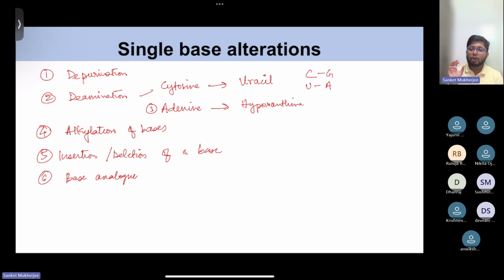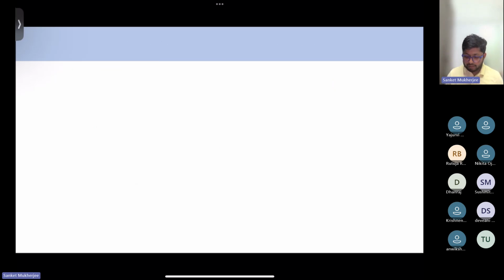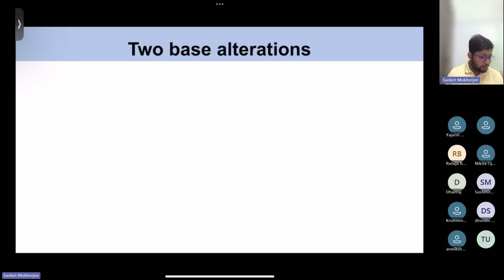It's not a normal base, but it can base pair with multiple other DNA bases, and it will basically alter the DNA. It will cause mutations, substitutions, things like that. Fine. Then coming to two base alterations, they can happen due to UV induced damage.